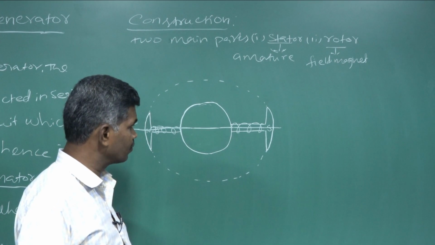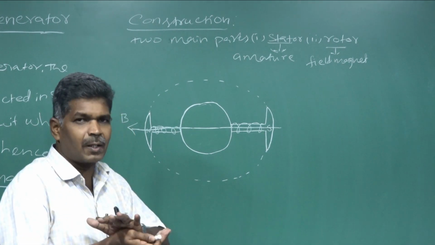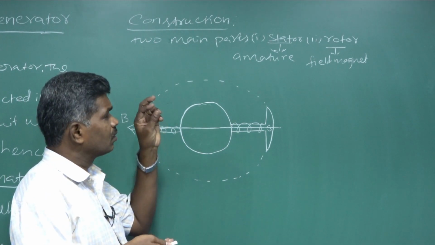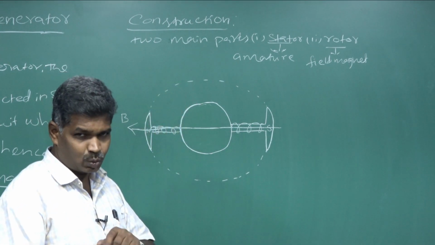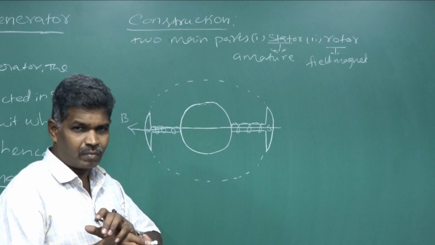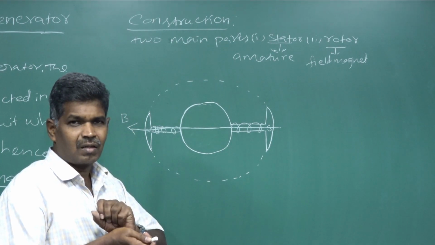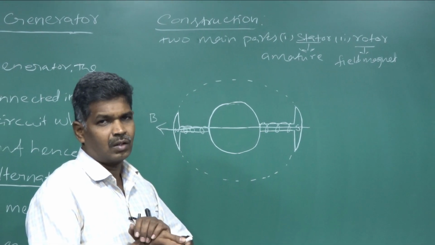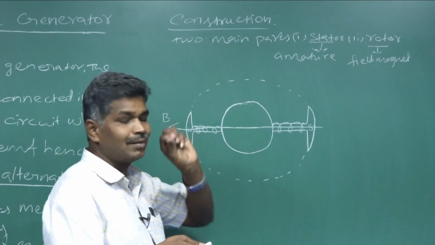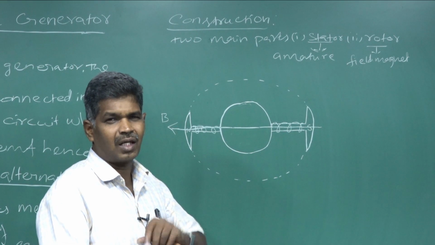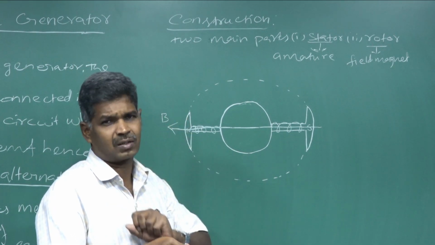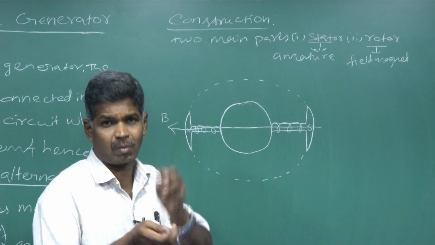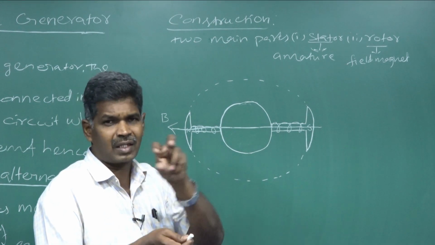Magnetic field is produced. Then we are going to place a stator. That stator is nothing but an armature. Initially, we have slots in our static part. If you want to construct a single phase AC generator, we need two slots. Through those two slots, we are inserting or mounting conductors.